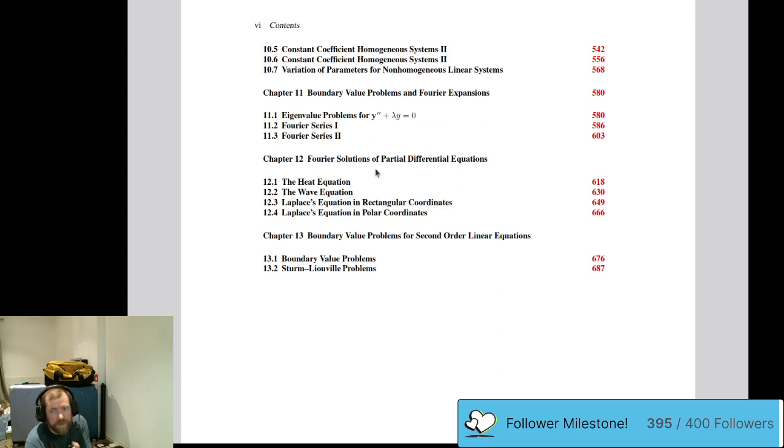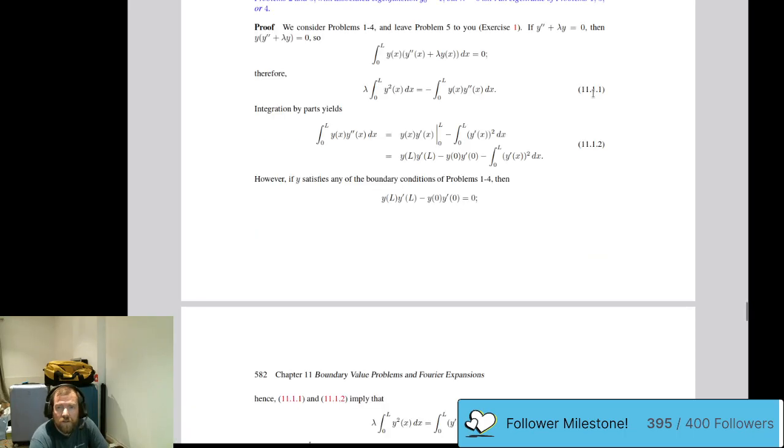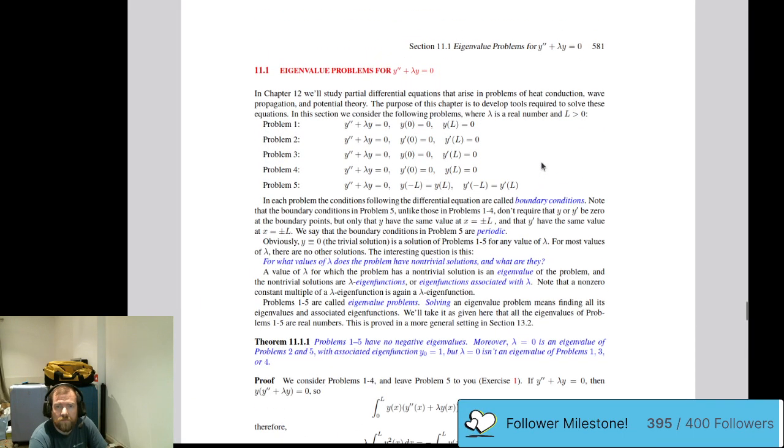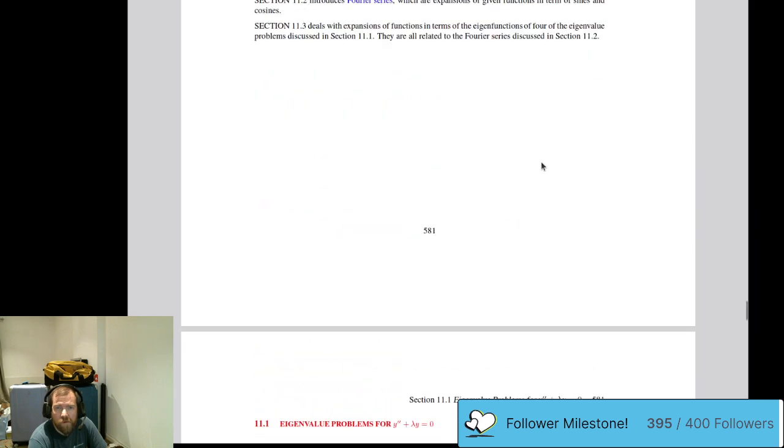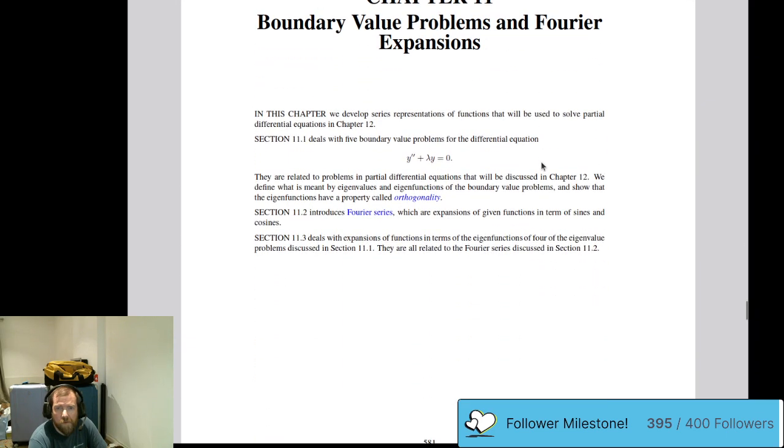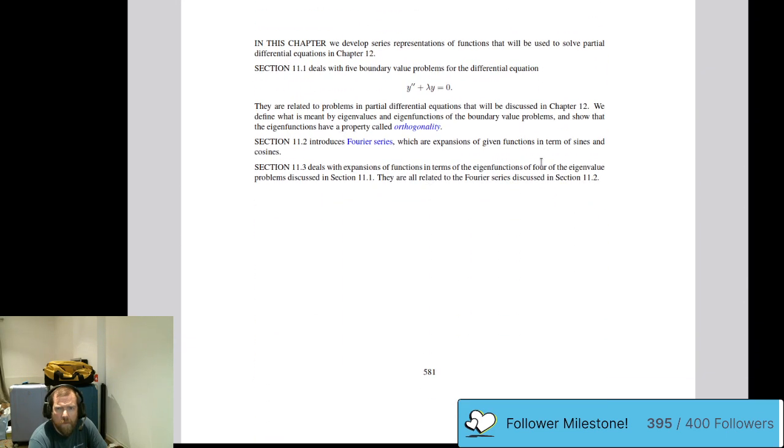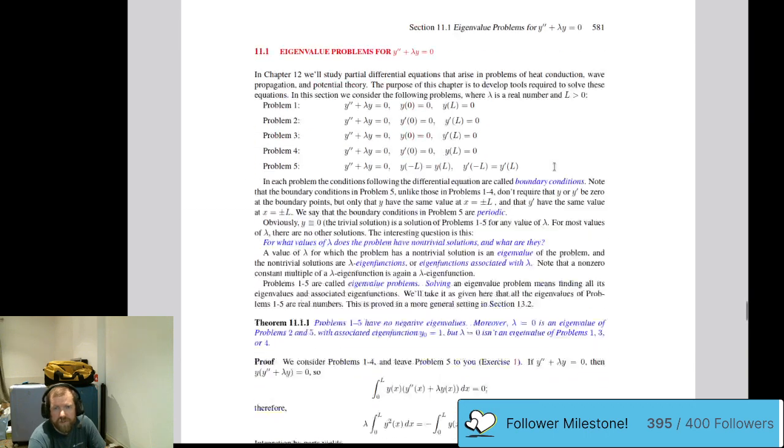That would also be an interesting thing to try touching on a little bit. And boundary value problems and Fourier expansions. So yeah, series representations that'll be used to solve partial differential equations.